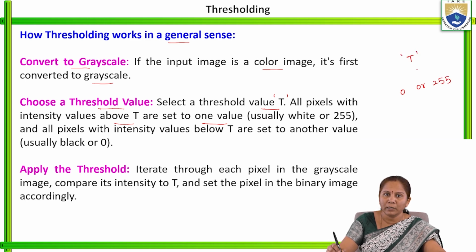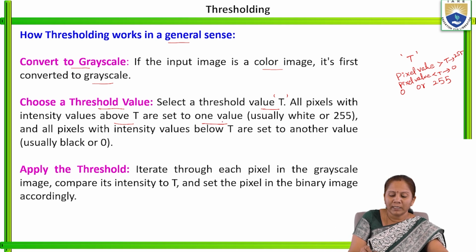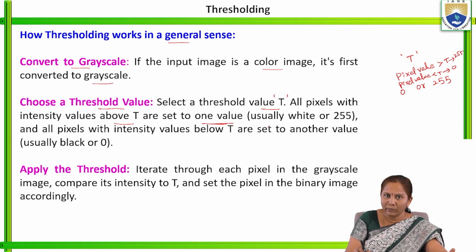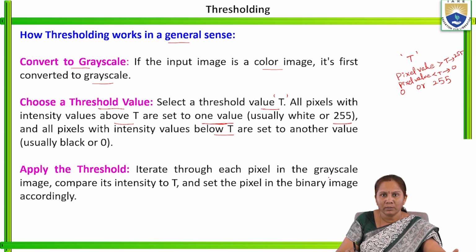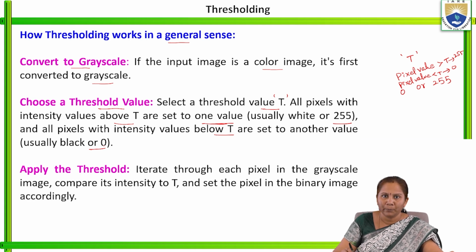Considering one threshold value, if the pixel value is above the threshold, put it as 255. If the pixel value is below the threshold, put it as 0. So if the intensity value is above T, set it to 255, and if it is below T, set it to 0.